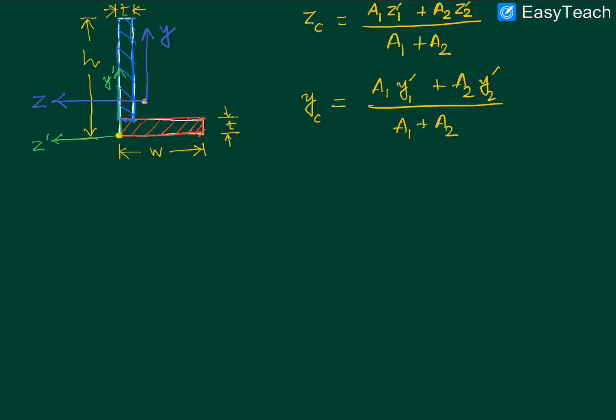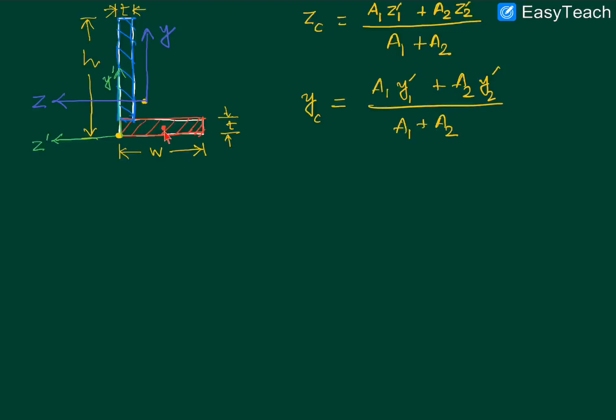So you see what we are going to do. First of all, you consider this red-colored cross-section. We understand that the centroid of this red-colored cross-section would be somewhere here. So if we were to draw a centroidal axis solely focusing on this red-colored cross-section, it would be having its origin here.